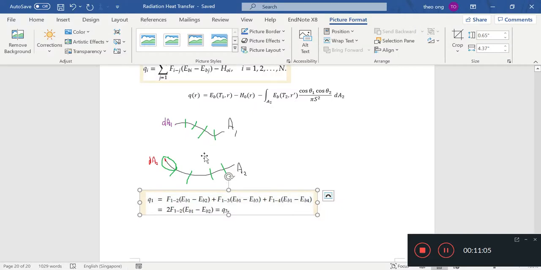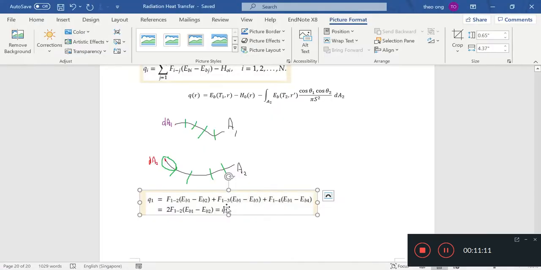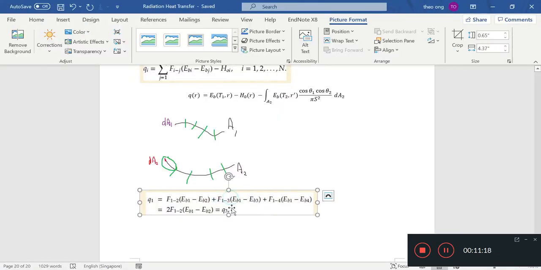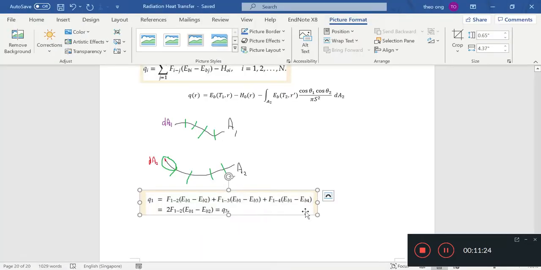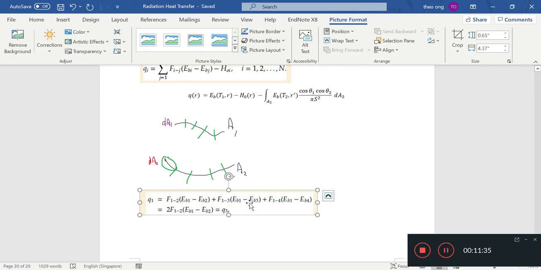That's 1. F1 to 3 into EB1. This is surface 3, so this represents the radiation going from here to here. And then F1 to 4 into EB1 will be this. Now, of course, the self-view factor we don't consider, because this flat surface doesn't quite see itself. So that's 3 of them.